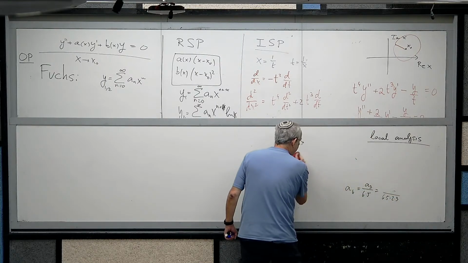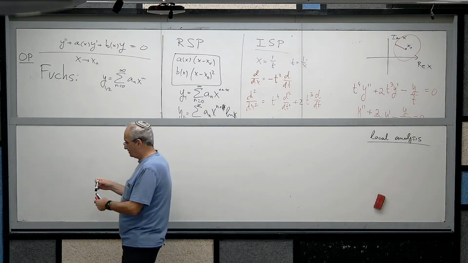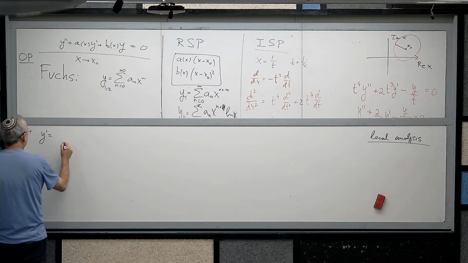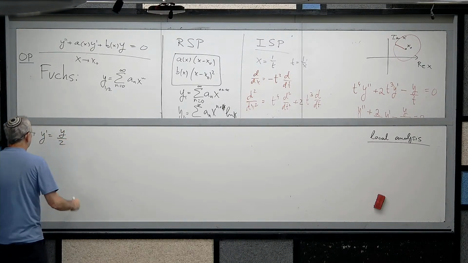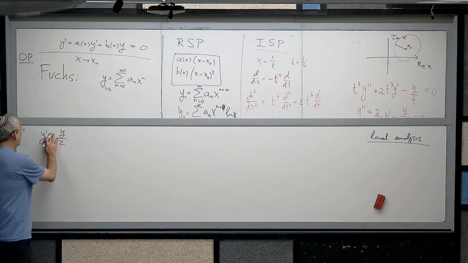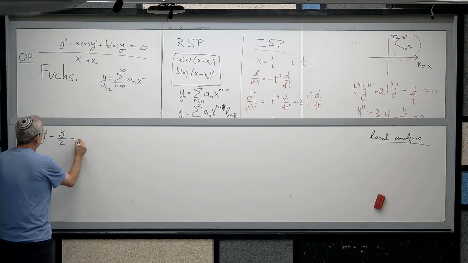And I hope that this will give us a kind of intuition. Case number 1, y prime equals y over 2. Oh, should I do it with a minus? Whatever. Y prime minus y over 2 is 0.